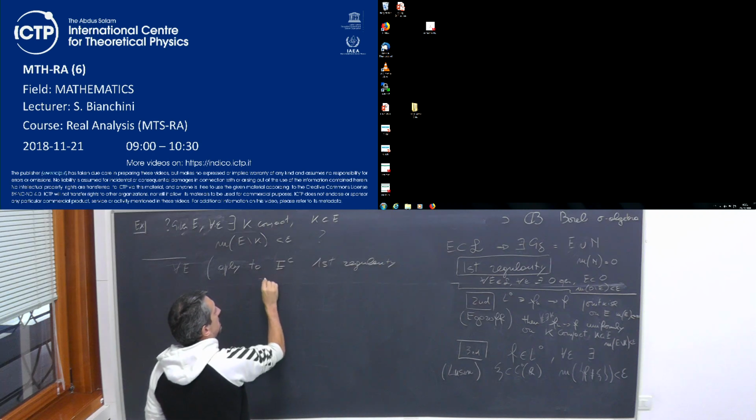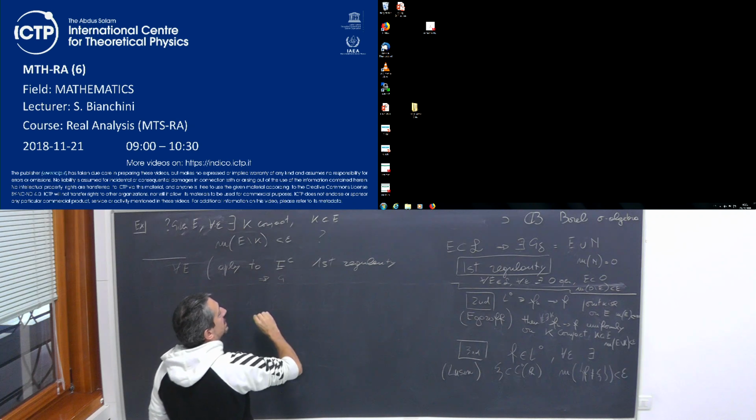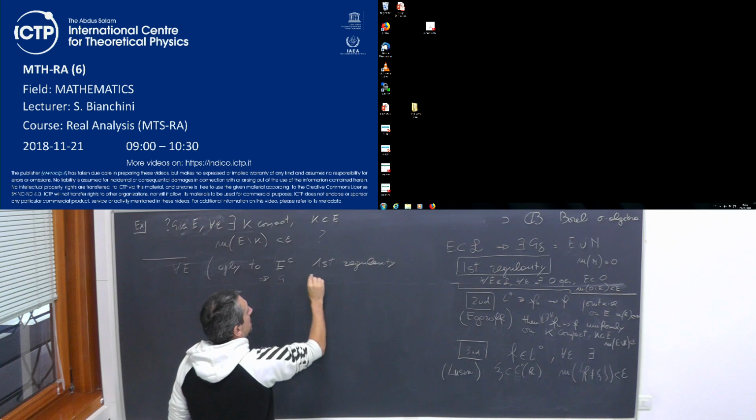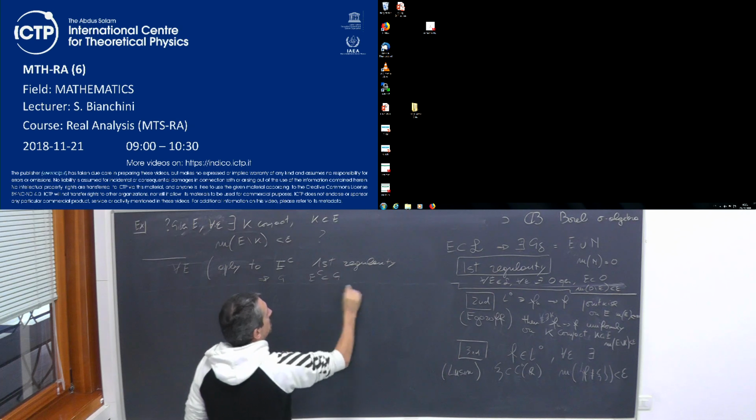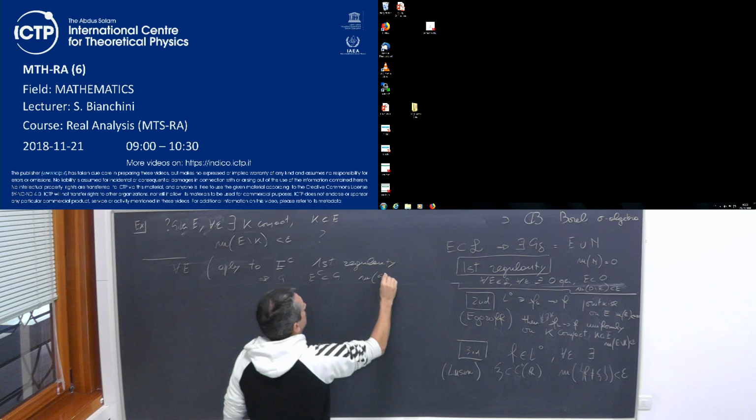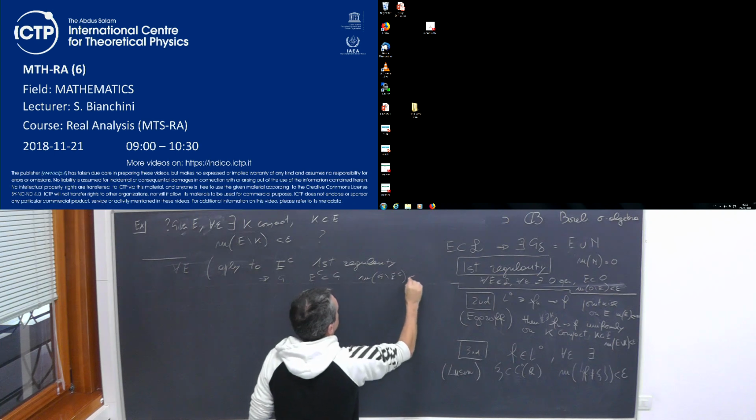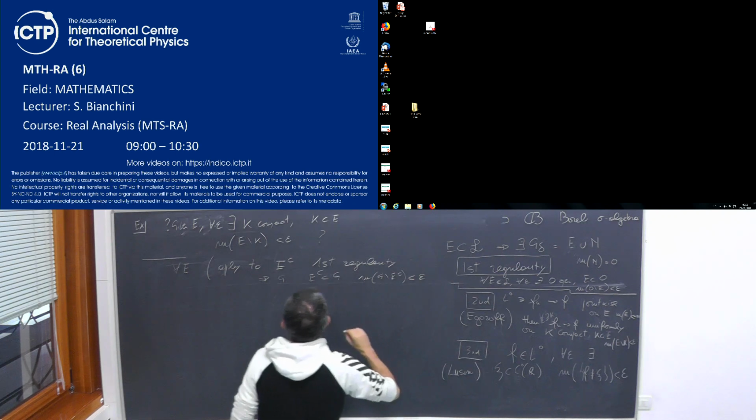So this means that there exists a G such that E complement is contained in G and the measure of G minus E complement is less than epsilon.